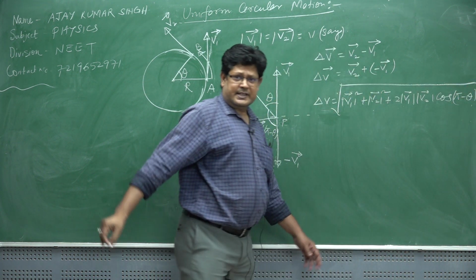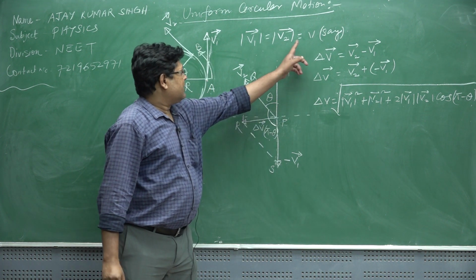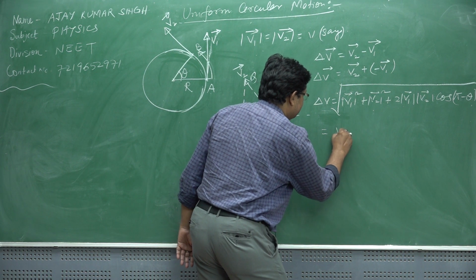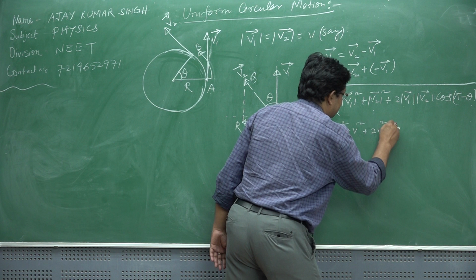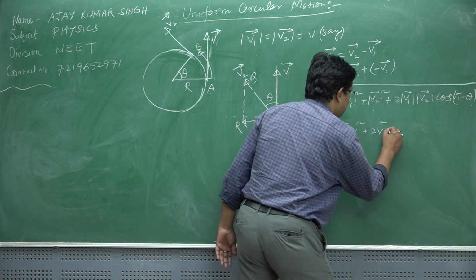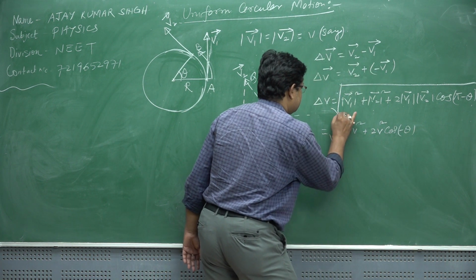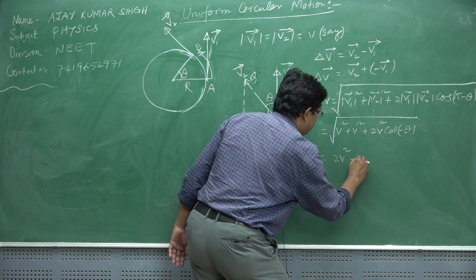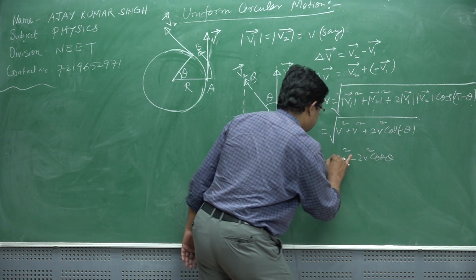But students, what is V1 modulus and V2 modulus? V1 modulus and V2 modulus is V. So can we say that delta V is equal to square root of V square plus V square plus twice V square and cos of minus theta? Yes. Or we can say this is twice V square minus twice V square into cos theta, like this way.